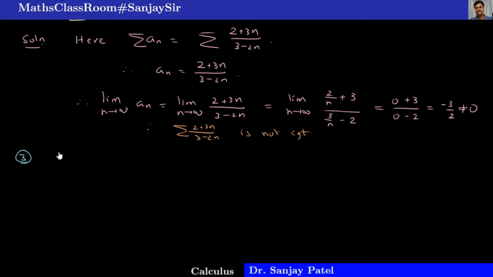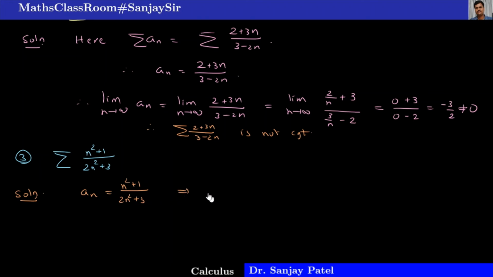Another example, say sigma n square plus 1 upon 2n square plus 3. Let us solve this. Here again you note that an, the nth term, is n square plus 1 upon 2n square plus 3.